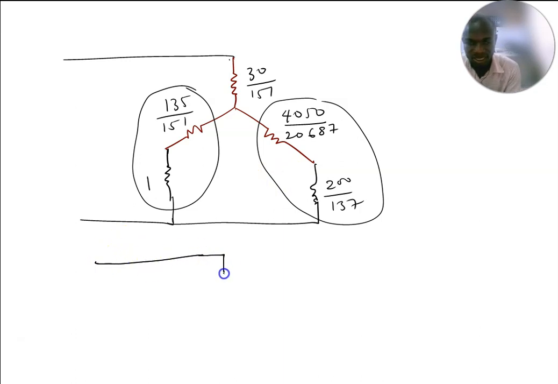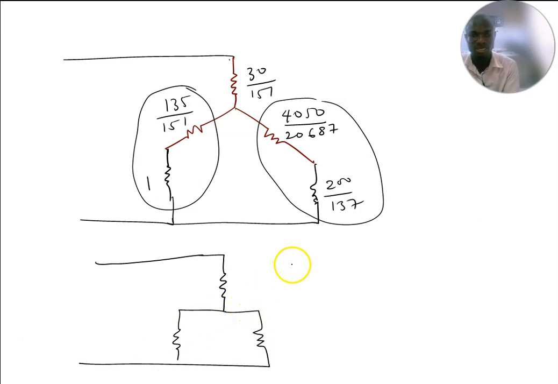We are going to get a resistor here. Then we have a big resistor here and a big resistor here. Then it's combined. Something like this. So 30 on 151.